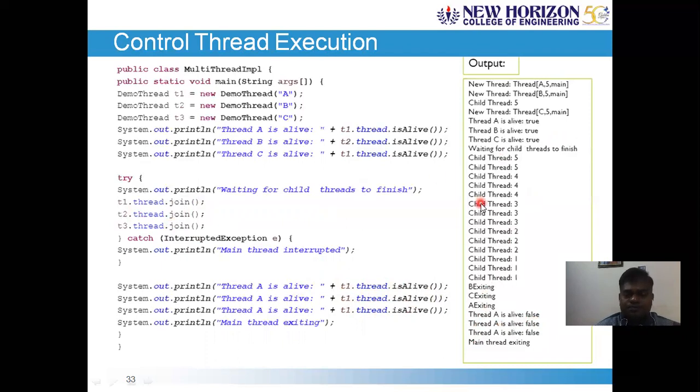So coming to this output, as 3 threads are running, child thread 5, 5, 4, 4, 4, 3, 3, 3, 2, 2, 2, 1, 1, 1. This ordering is not in our control. Once you make a thread ready for execution, none of this sequence is in our control.